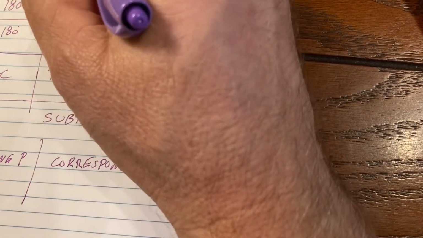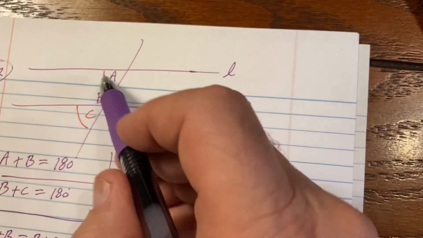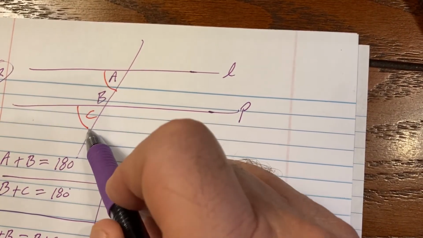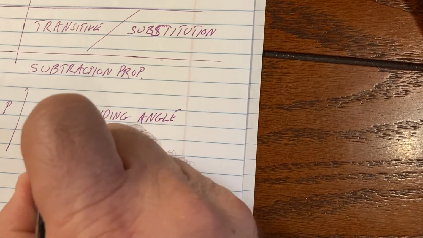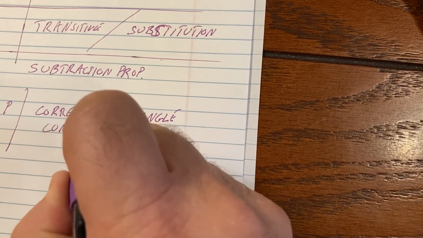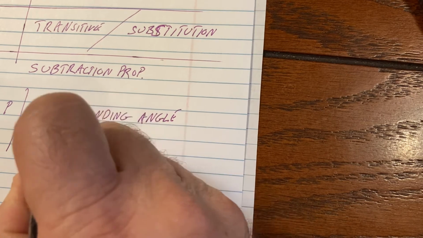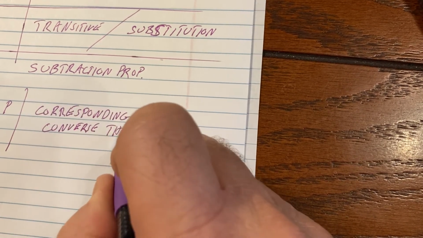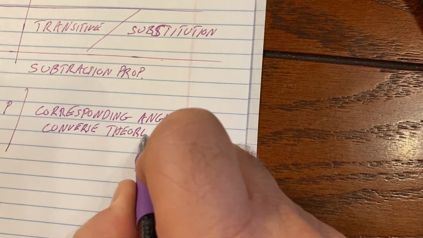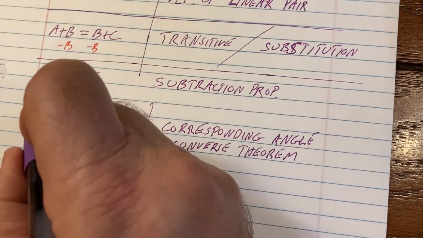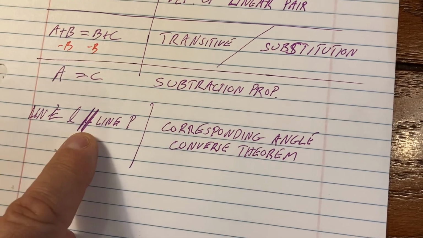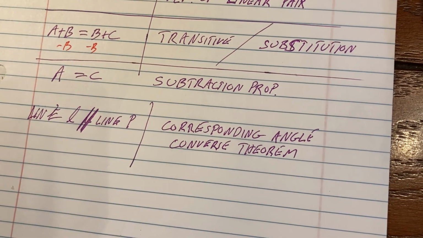So if the corresponding, sorry, bring it down here. If the corresponding angles are congruent, then the lines are parallel. This is the corresponding angles converse theorem. Boom, done. So line L is parallel to line P. Man, that was not easy.